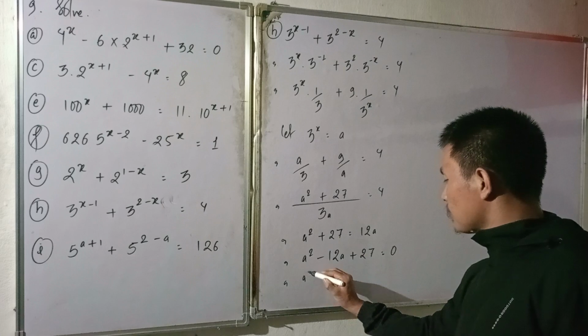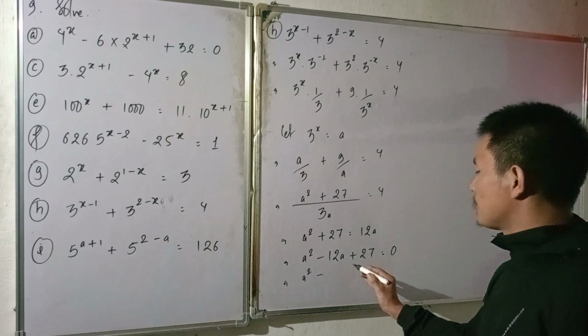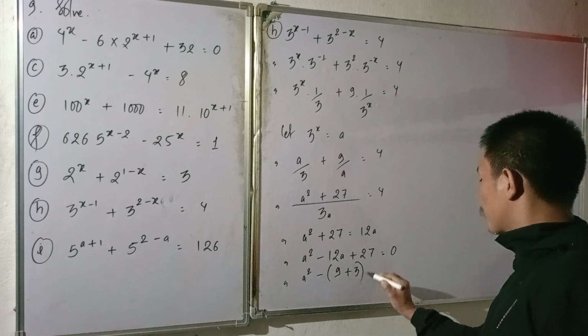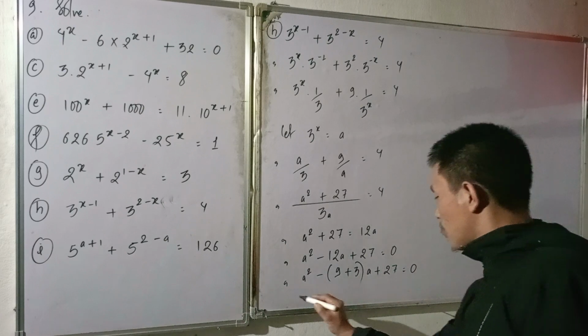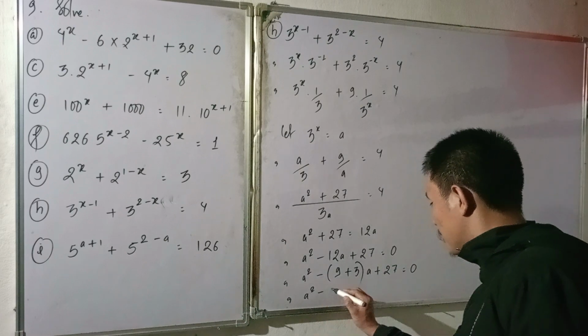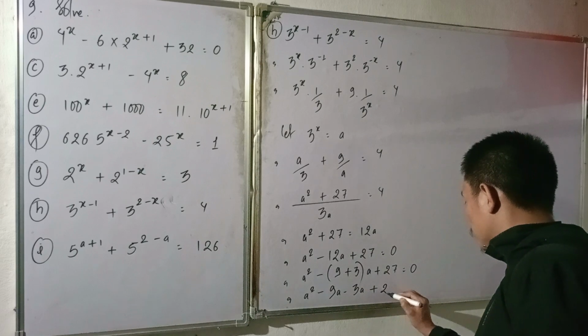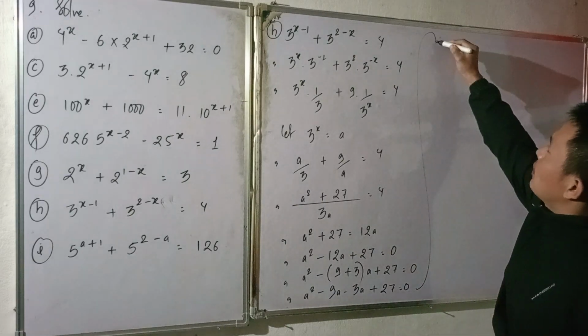Now try to factorize this. 9 times 3, 27. 9 plus 3, 12. Or a square minus 9a minus 3a plus 27 equals 0.